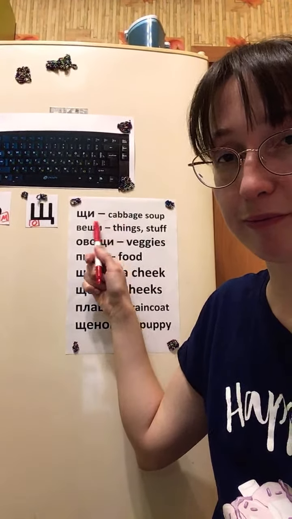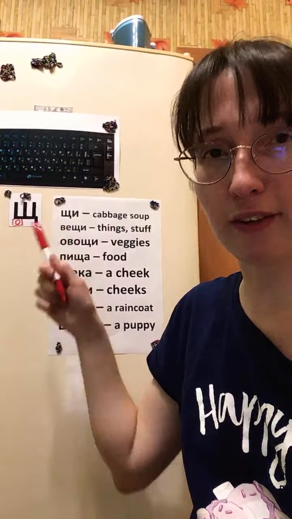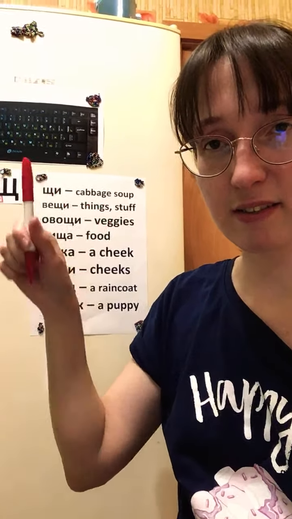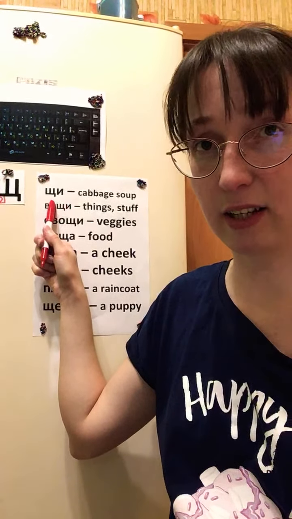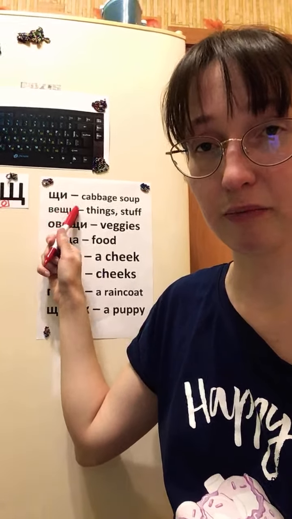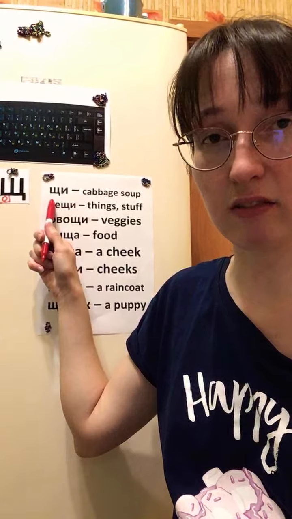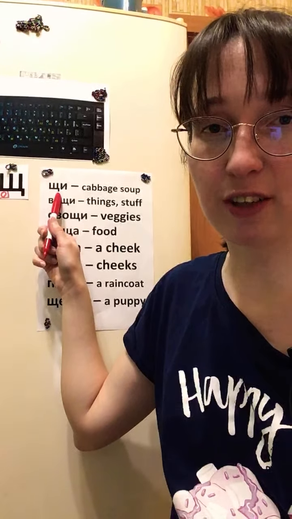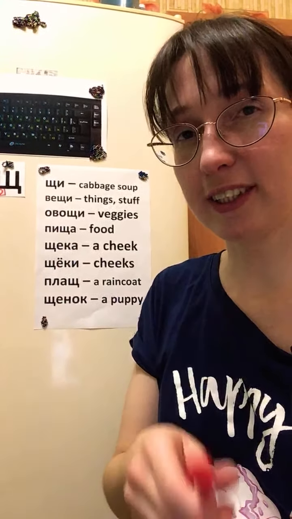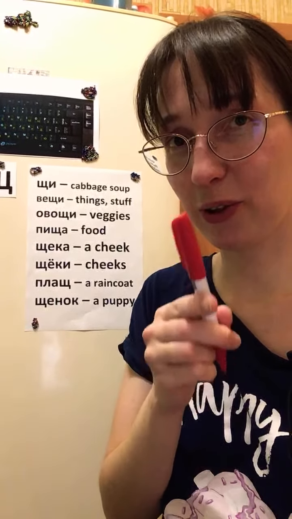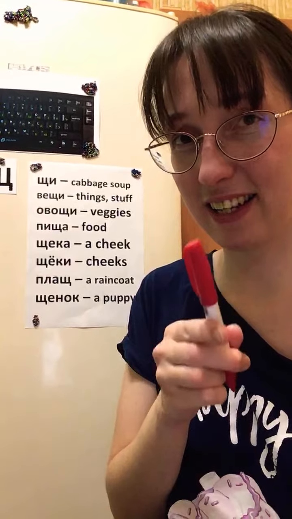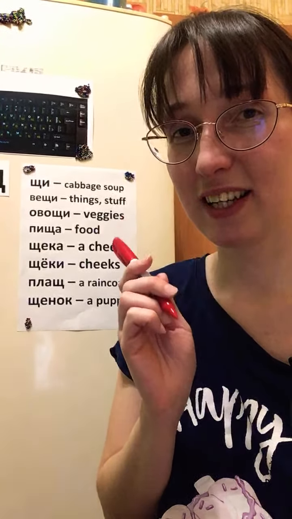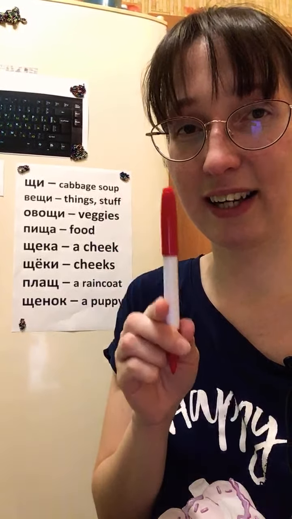Cabbage soup. You saw this syllable in the previous list, but it's not just a syllable, it's also a word. Cabbage soup in Russian is щи. José, it's for you personally, because I remember how you forgot this word during our online class.